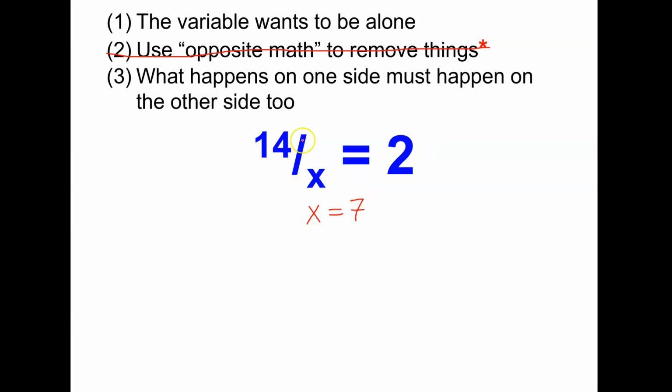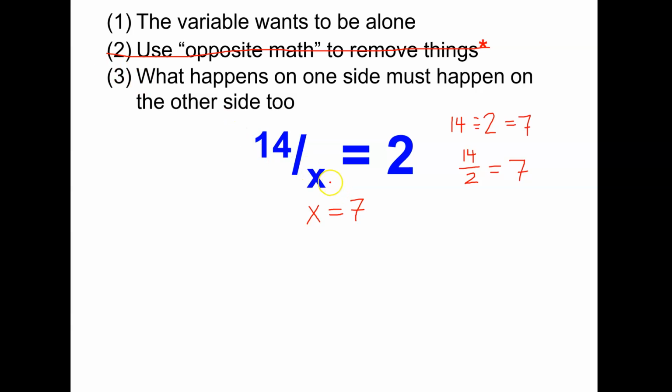How do we use 14 and 2 to get that 7? We have to divide. 14 divided by 2 gives us 7. Another way that we can write division, remember, is as a fraction. We could say 14 over 2 equals 7. Which leads us to our strategy for this situation.